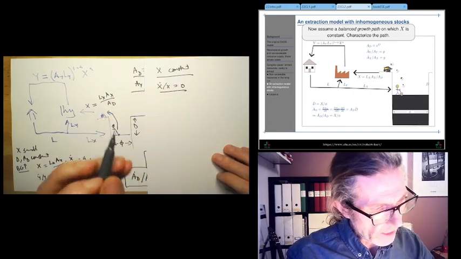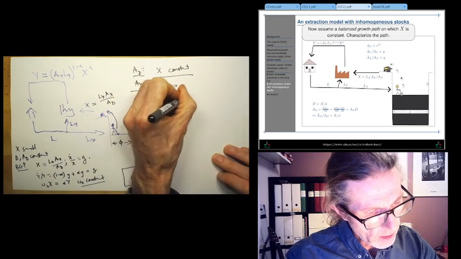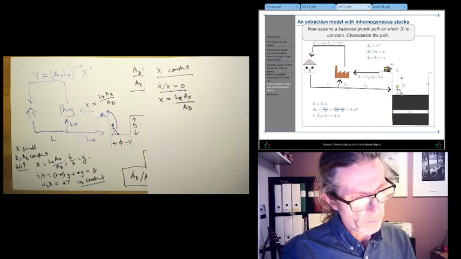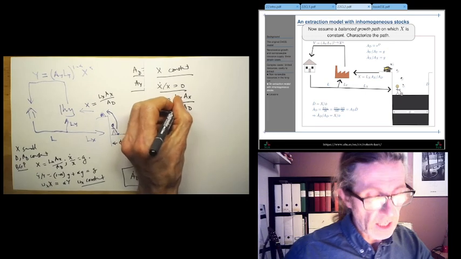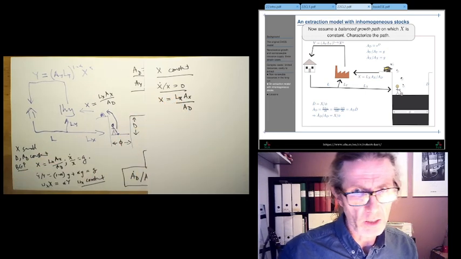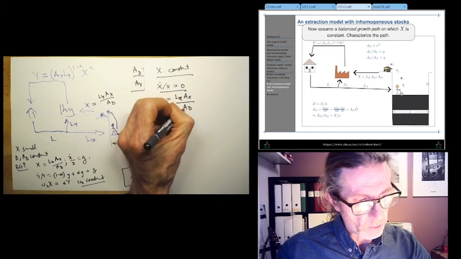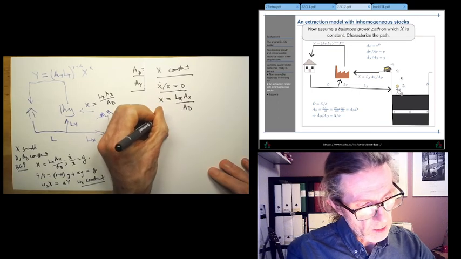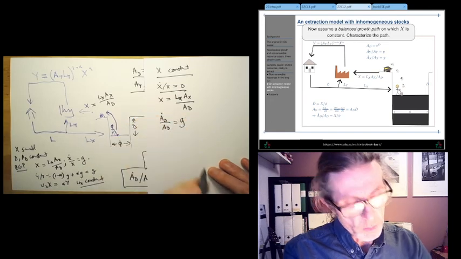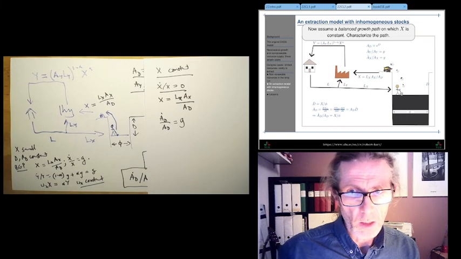And we've got balanced growth. And we know that X is LX AX over AD. If it's balanced growth, then LX must be constant, because the labor allocation can't be changing. Otherwise, we're never going to have balance. So that tells us, and AX grows at G, so that tells us that AD must be growing at G.